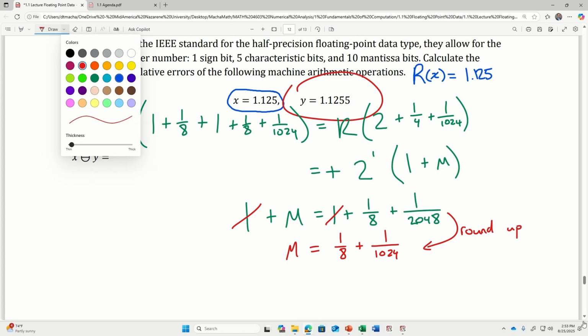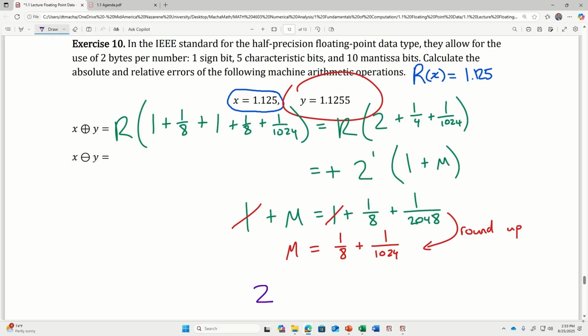So the representable answer here is going to be 2 times 1 plus 1 over 8 plus 1 over 1024, which is 2 plus 1/4 plus 1 over 512.